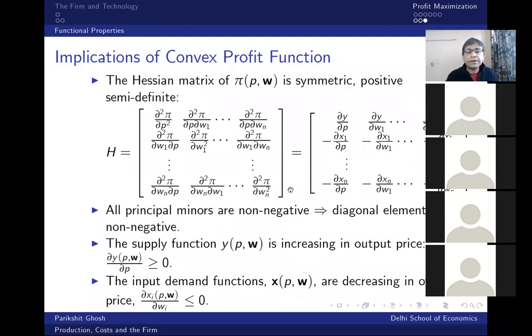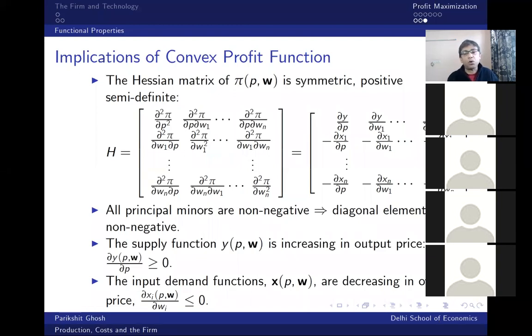Okay, now let's take, what are the implications of the profit function being convex? If you remember, the calculus definition of a multivariate function being convex or concave, we discussed it earlier. It can be characterized by properties of the Hessian matrix.